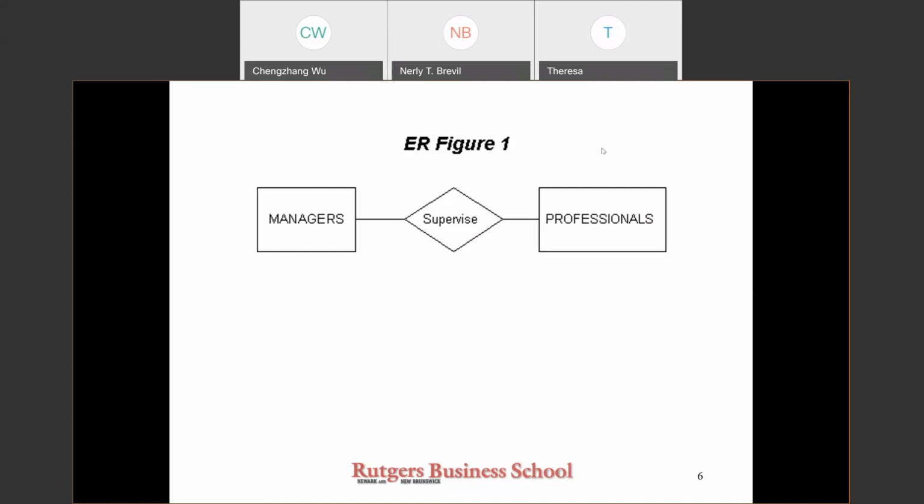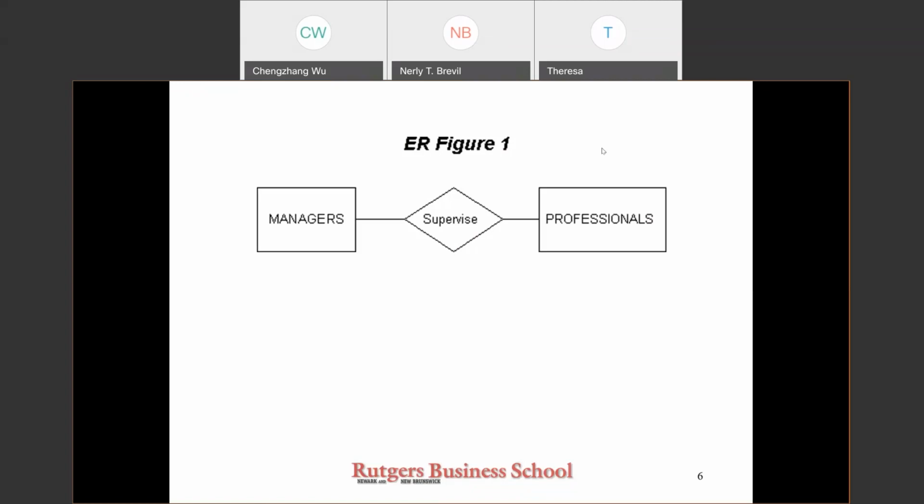There are two entity symbols, managers and professionals, and one relationship symbol, that is supervise, and it is used to link the two entities.